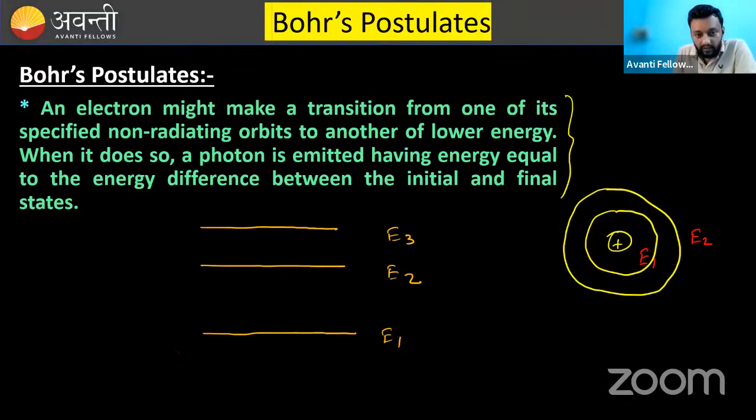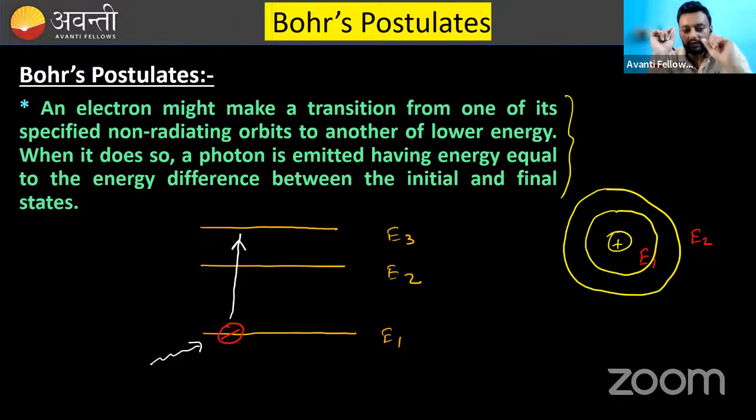Now, generally, electrons are in the ground state. This is an electron. They are generally in the ground state. Now, listen to my words. If some extra energy is given, then due to this energy, electrons may jump to some higher orbit. It may jump to the second orbit, it may jump to the third orbit, or it may jump to any other further orbit.